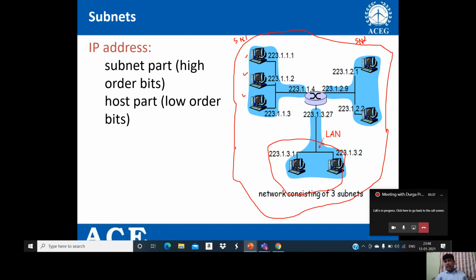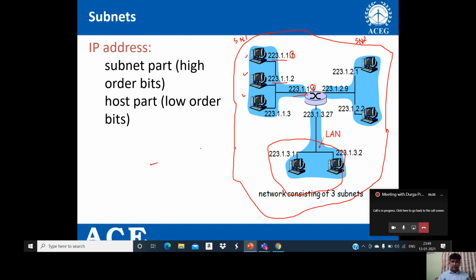Now if you observe the IP addresses assigned to the interfaces, you could find the first 3 decimal numbers of the host devices and the router interface are the same. The portion of the IP address which is common to all the devices in that subnet, we call the subnet part, and the variable portion of each host along with the router, we refer to as the host part.